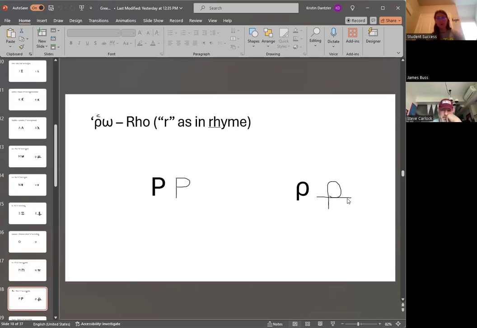And this one's fun. Rho is the R. It has a bit of an aspirating sound to it as well, so it's usually an RH sound. Uppercase is a P, and then the lowercase goes underneath the line again, comes up, and makes almost what looks like a lowercase p.